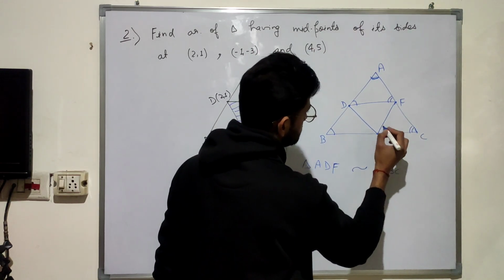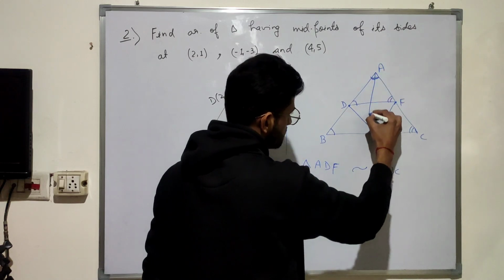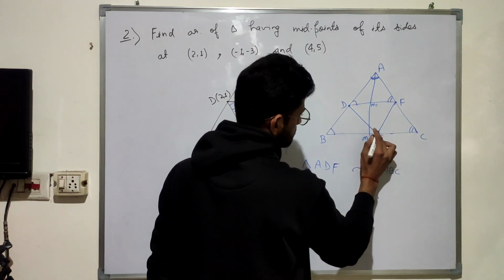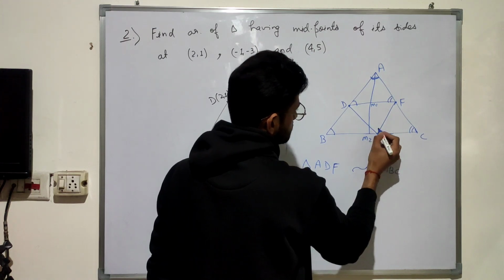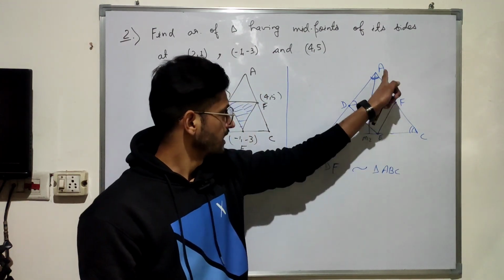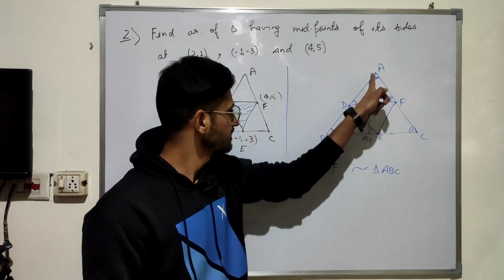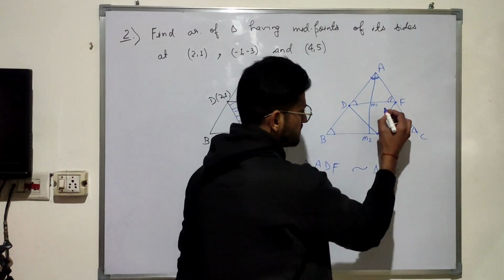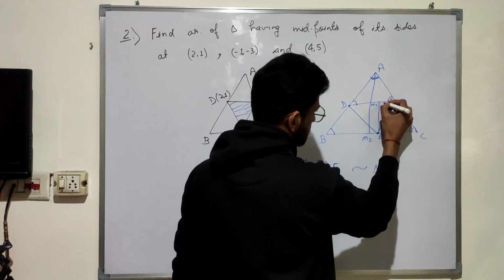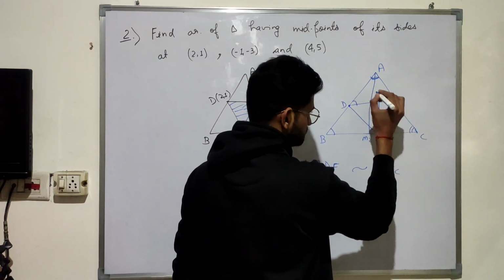So basically this is midpoint E. If you draw the altitudes from here, we will get M1 as well as M2. So AM1 is the altitude for triangle ADF and AM2 is the altitude for triangle ABC. Similarly, we can draw the altitude for triangle DEF passing through vertex E. Let's say this is M3.